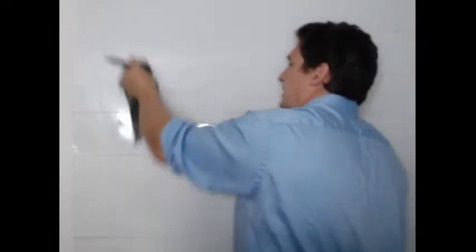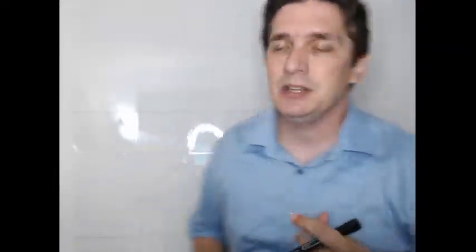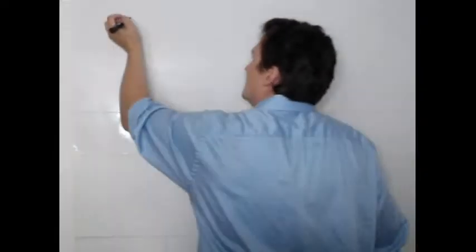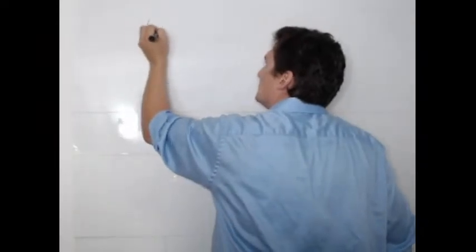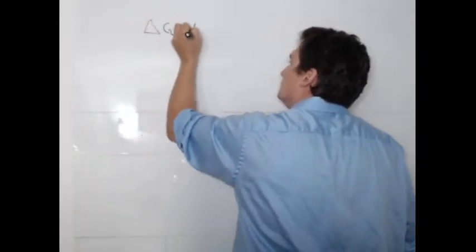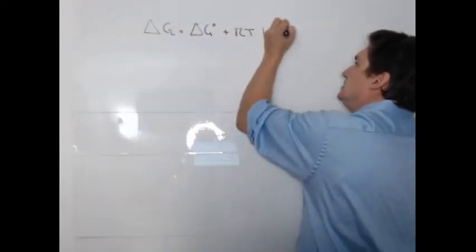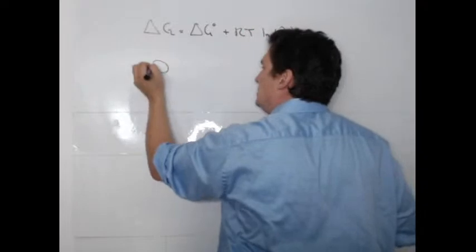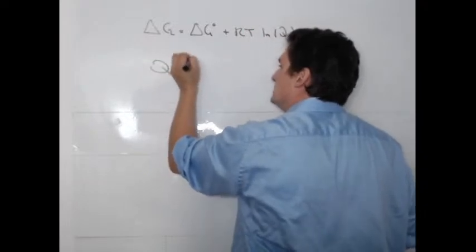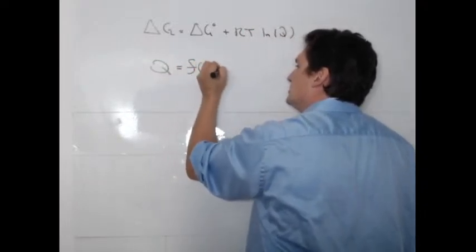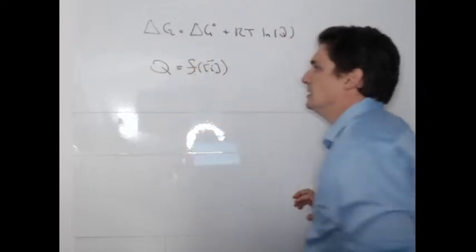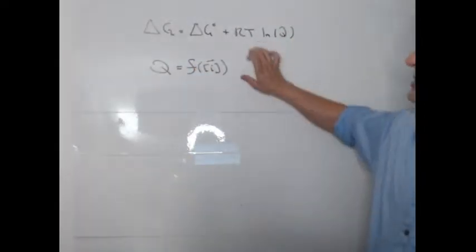So you get a discussion board this week that's actually these questions here, and they all use the same formula. Delta G equals delta G naught plus RT ln of Q. And Q here is going to be some function of concentrations. So these are really the only two formulas you use.